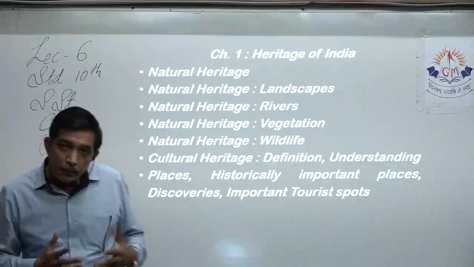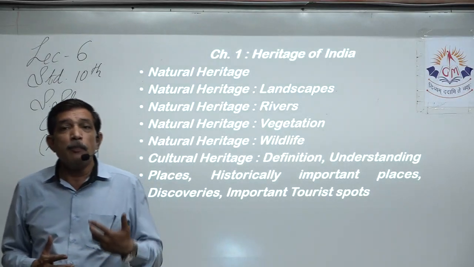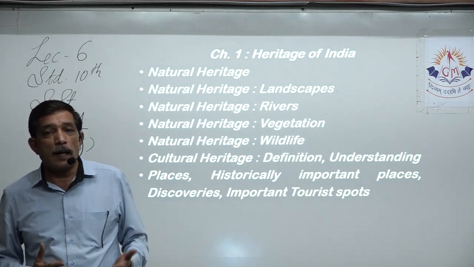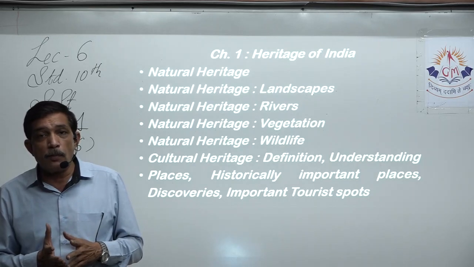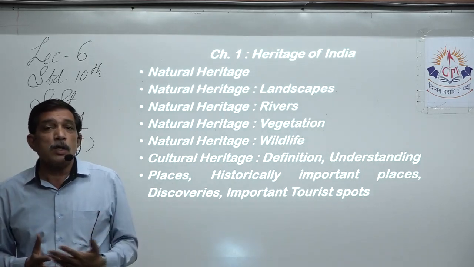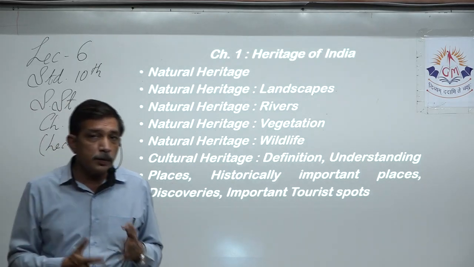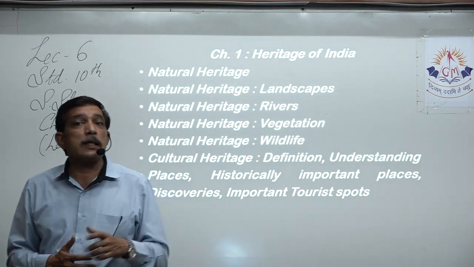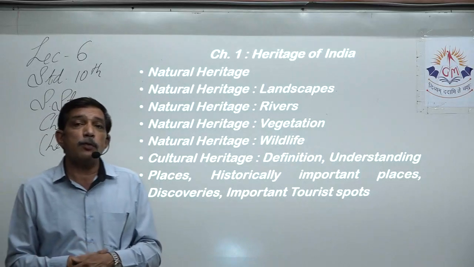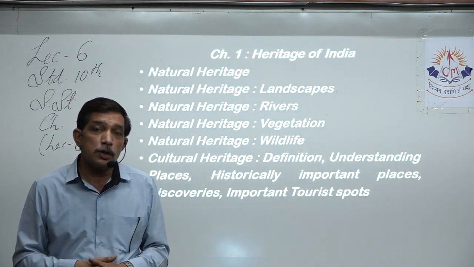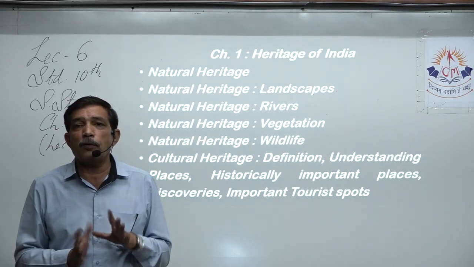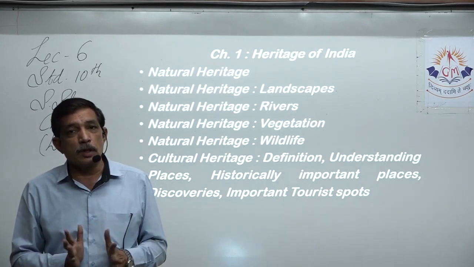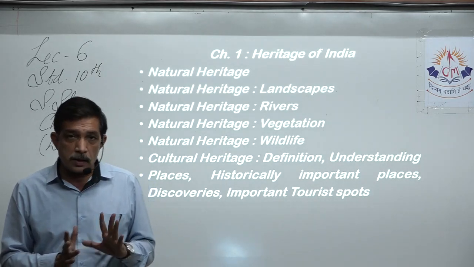Yes, there might be 2 definitions, for example, natural heritage and cultural heritage. You define both of them properly, then that is also 2 marks. So minimum 4 points should be there. If 4 points are not there, and 3 points are there, then also the thickness of the points should be there, meaningful sentences should be there, content should be there. So minimum 4 points, maximum can go up to 6 points. That is for answering 2 marks.